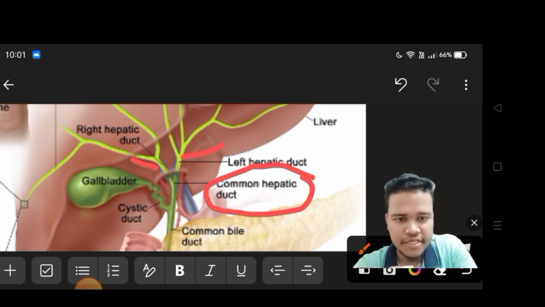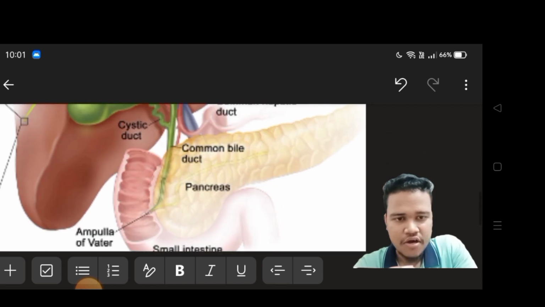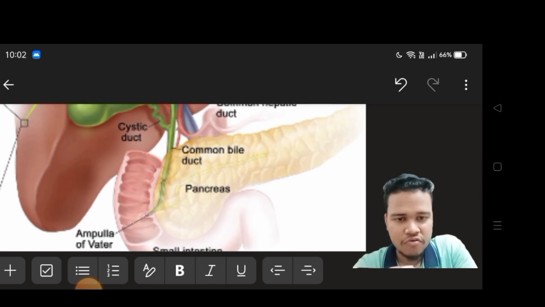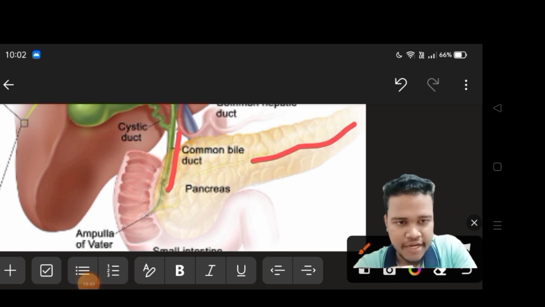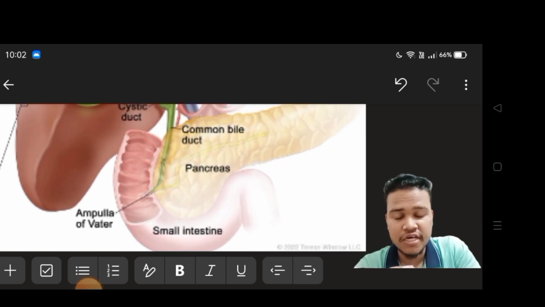And this common hepatic duct along with the cystic duct together forms the common bile duct. And what is the continuation of the common bile duct? The common bile duct along with the pancreatic duct together forms the dilatation called the ampulla of Vater. And in which organ is the ampulla of Vater situated? The ampulla of Vater is situated in the duodenum.